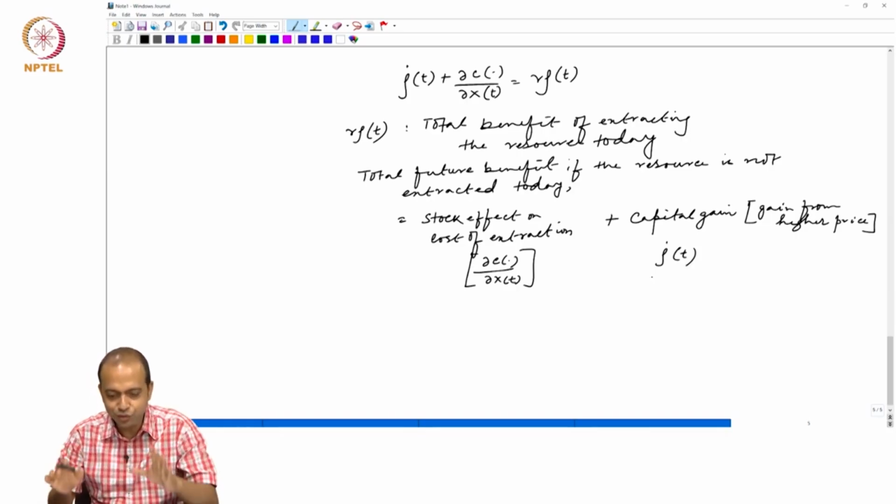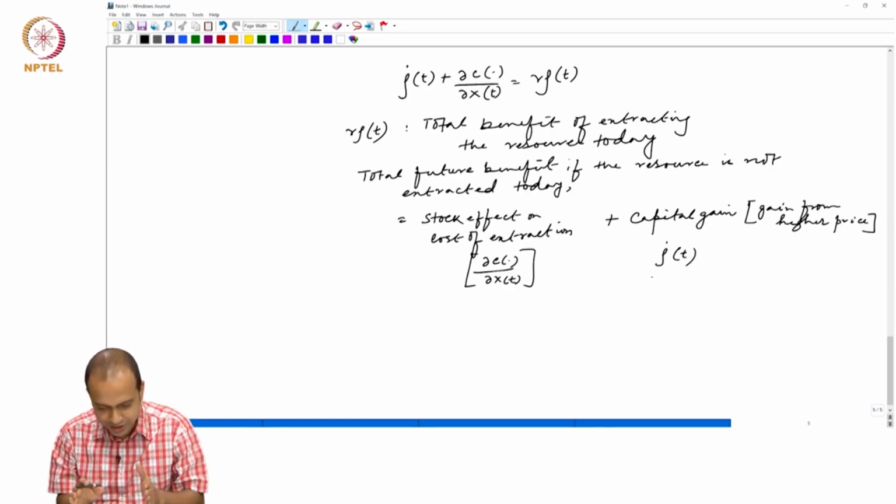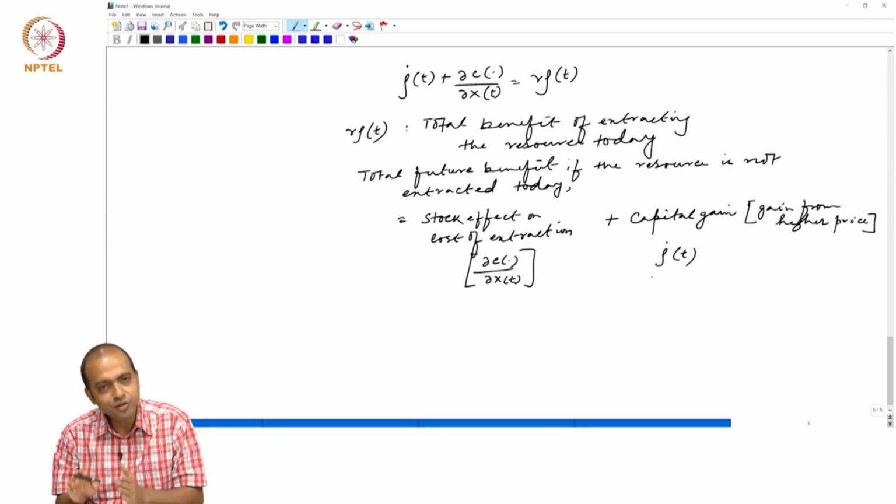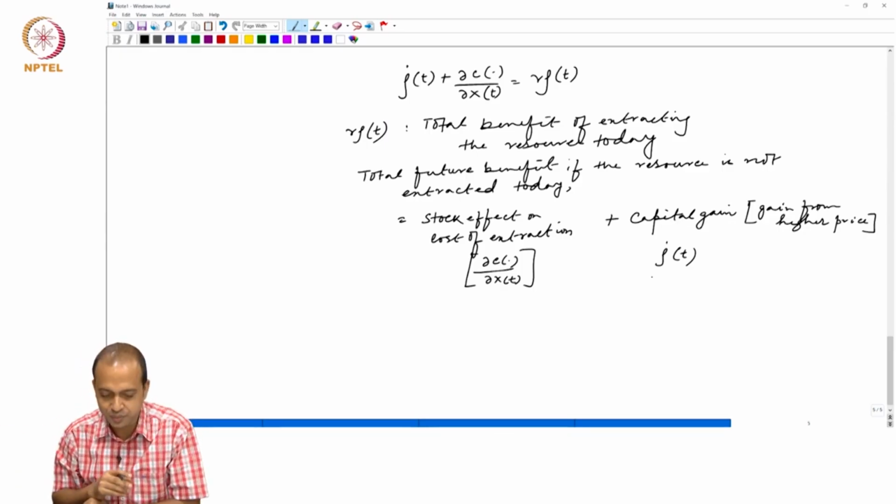So, that means at equilibrium, today's benefit equals tomorrow's or future benefit.